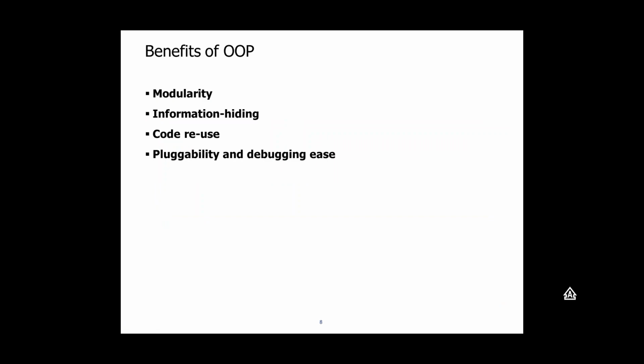And then code reuse is one of the important benefits. You have one definition of a class, and you can instantiate a number of objects. So that is one of the code reuse features. And if you want to inherit something, or create objects of a similar class but which has some different behavior or some different method, you can do the inheritance, and then you can override the functionality you want.